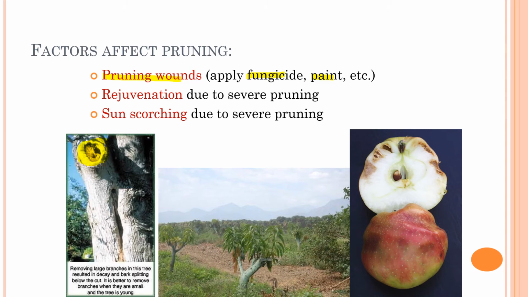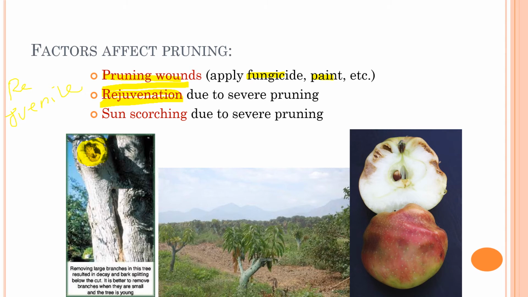Another important concept is rejuvenation. Rejuvenation is basically trying to rejuvenate the tree. Re means again, and juvenate means juvenile. Remember, juvenile means no flowering.